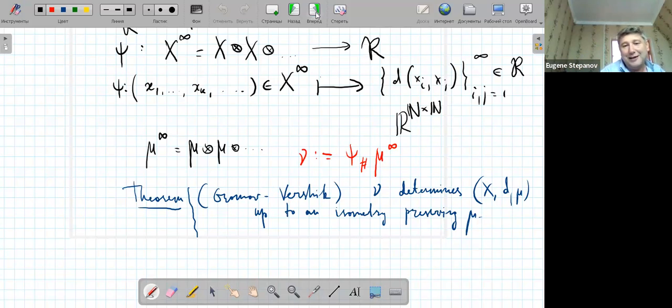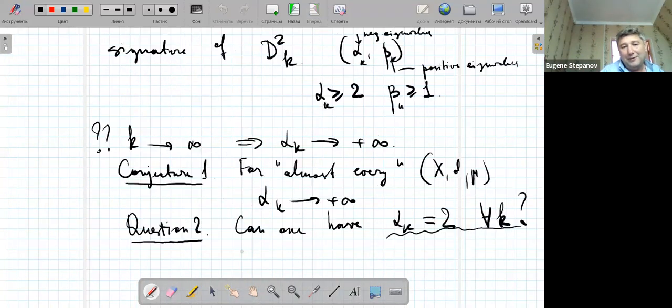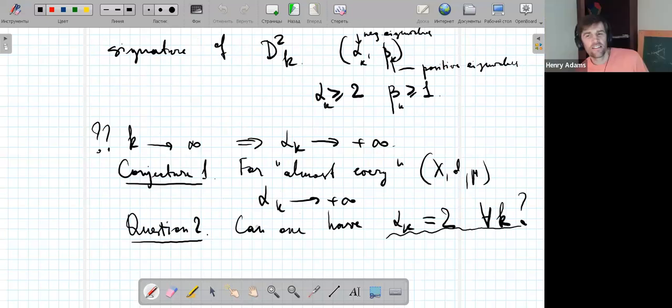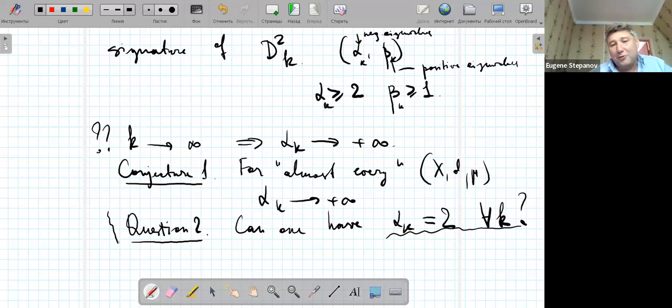For instance, can you say that, question 2, this cannot happen for a smooth Riemannian manifold? So this one should be probably quite exceptional. I think that it is impossible to have this for a smooth Riemannian manifold, but no counterexample for the moment.